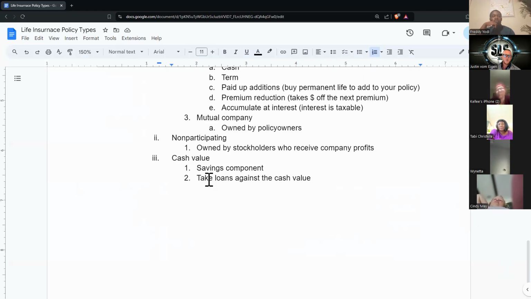So they actually lose money in the first couple of years because they have to pay their staff, the underwriters to look at the policy, everything else. So the policy owner typically does not have any cash value in the first 2 years for a regular whole life policy.